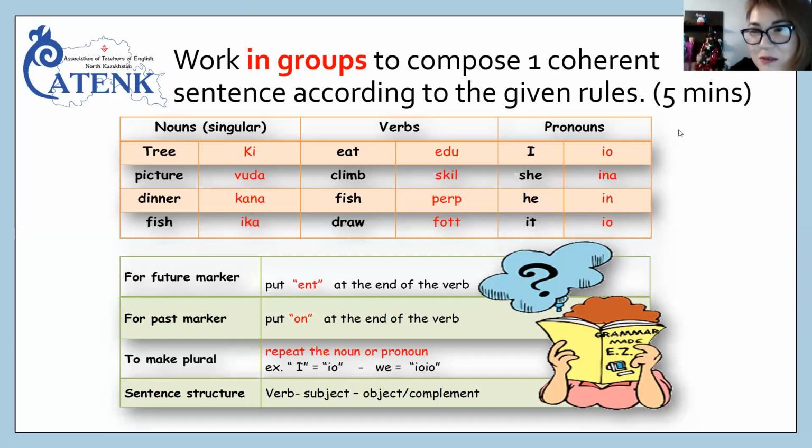While Irina was talking, it sounded like some kind of scientific formula: subject, object, past, future. Do you think it would be difficult for your students to understand and make up sentences using this formula?